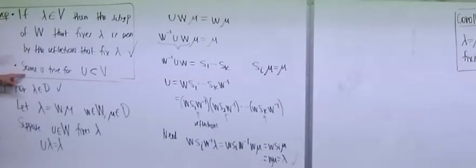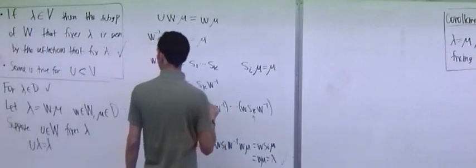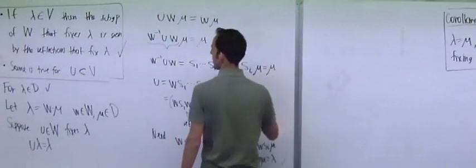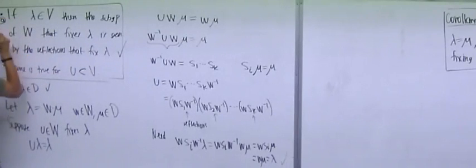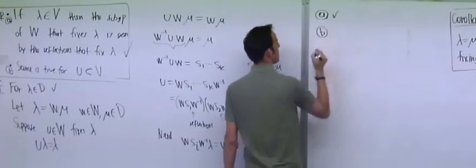Now, if you want to prove the second one, maybe I'll just say something about it. So this is A, and this is B. So I proved A. Now what about B?